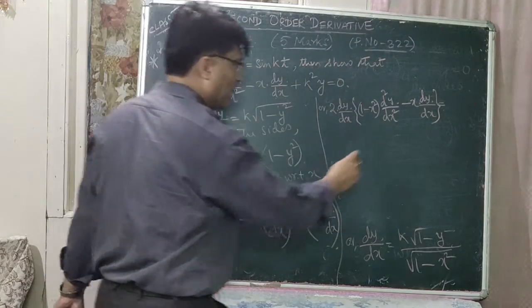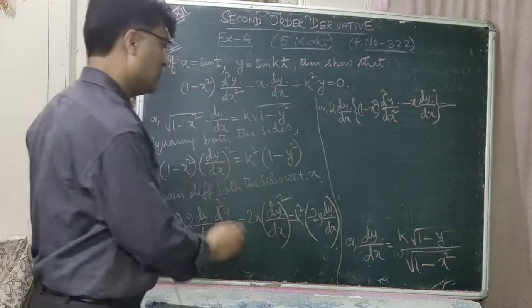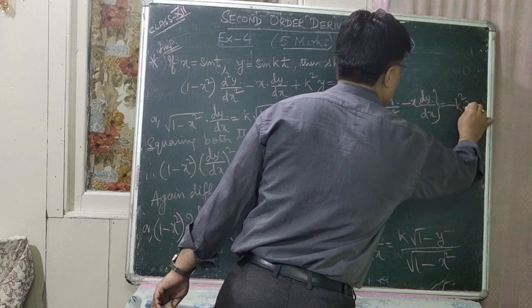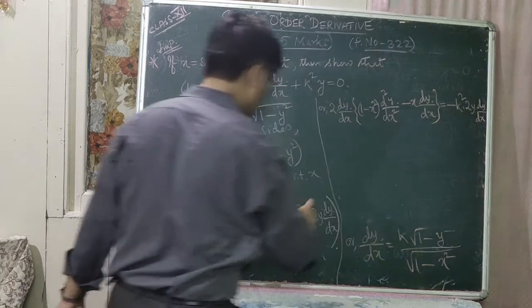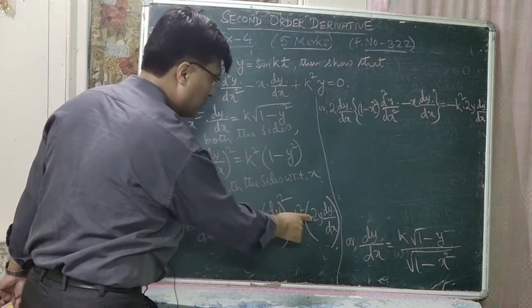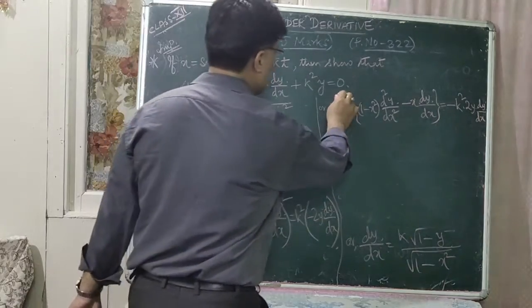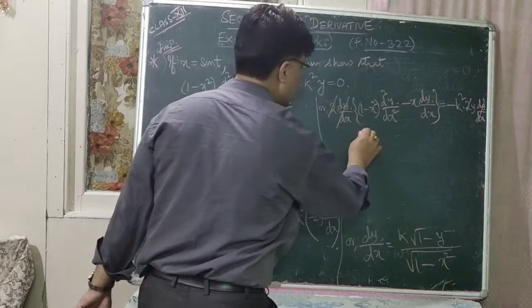So which is equal to plus into minus k square into 2y dy by dx. That is minus k square, then 2y dy by dx. From both the sides you can cancel 2 dy by dx, as this 2 dy by dx is not equal to 0.